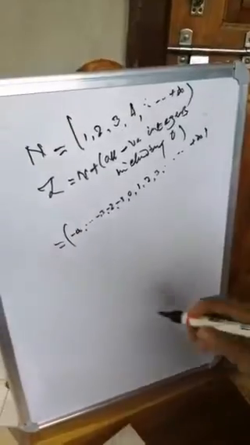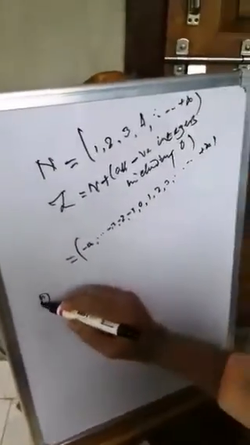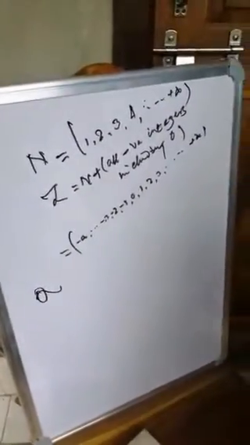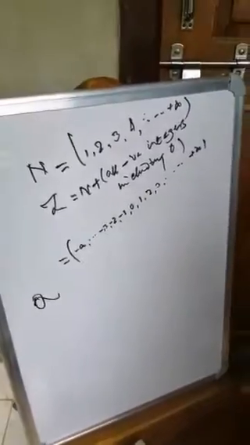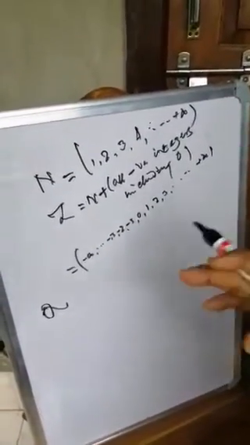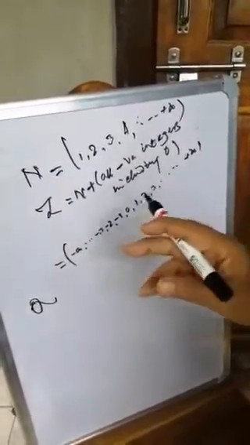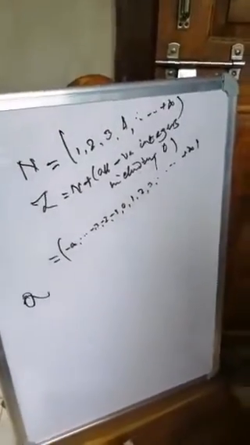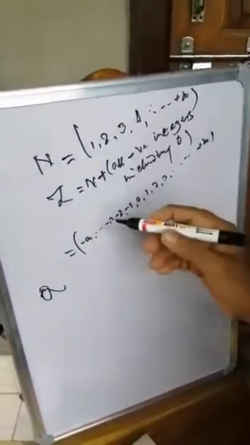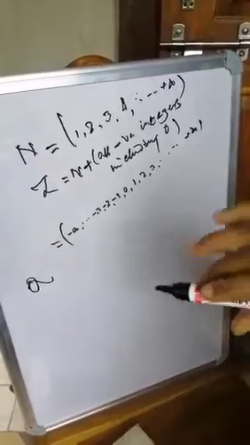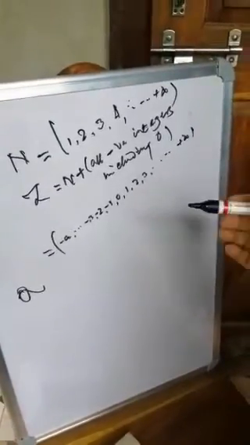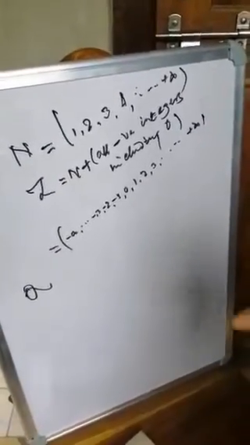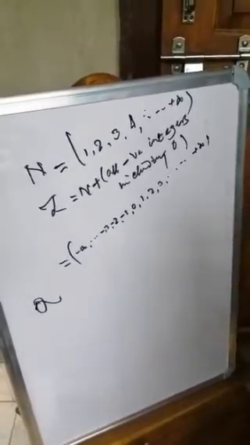Next comes the Q set. I told you, why do you call it the Z set? Because Z is the ultimate letter in the English alphabet. Likewise, the Z set comprises all the integers including 0, whether positive or negative.